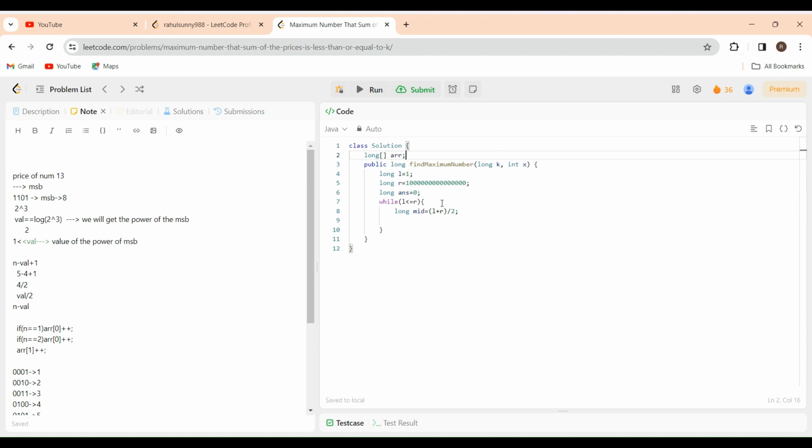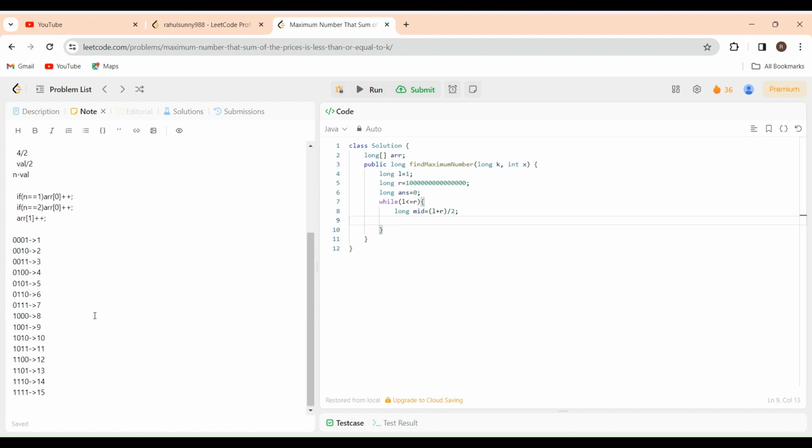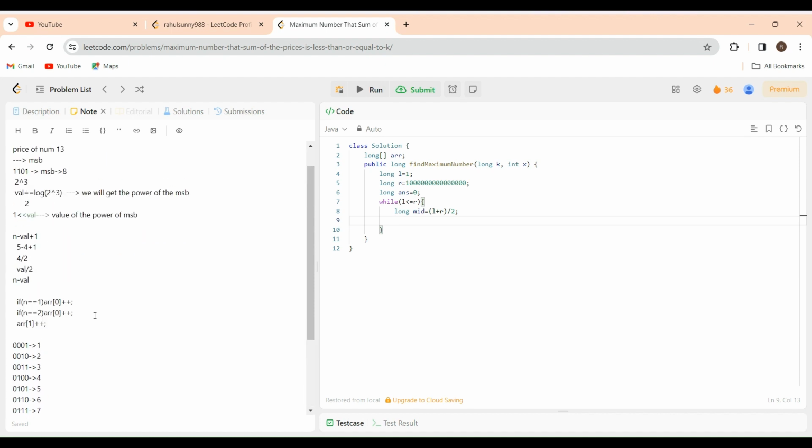And for every iteration, for every binary search operation, we need to calculate the sum, right? So for example, if there is a range from 1 to 20, the mid will be 10. For 10 we have to count all the set bits, the set bit sum, right? If it is greater, then we have to move forward.